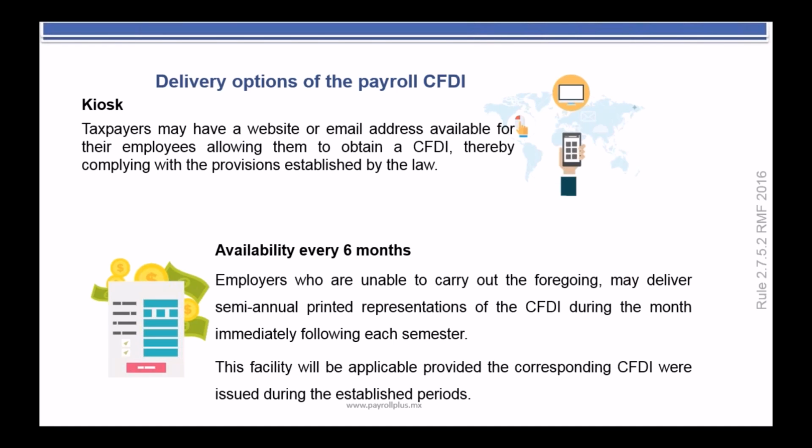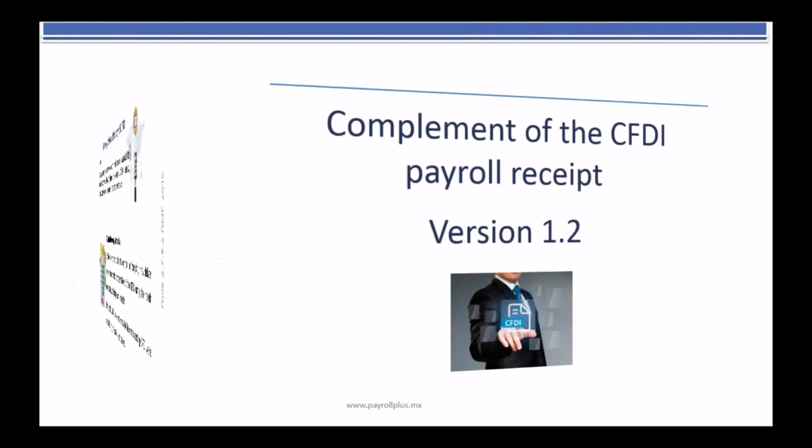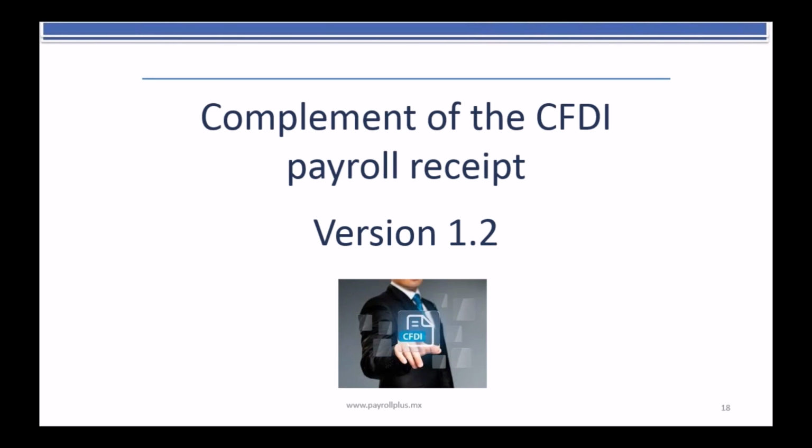Or we can make available the XMLs through a website, through email, or through a kiosk. Or we can deliver the printed version every 6 months. So these are the options that we have in regards to complying with these requirements of delivery and issue of the CFDI.